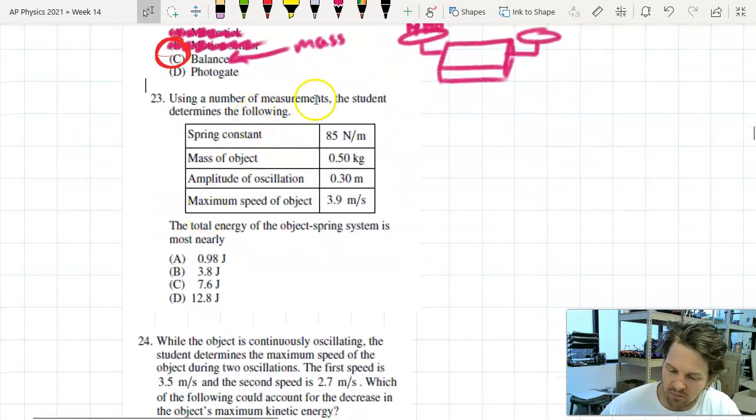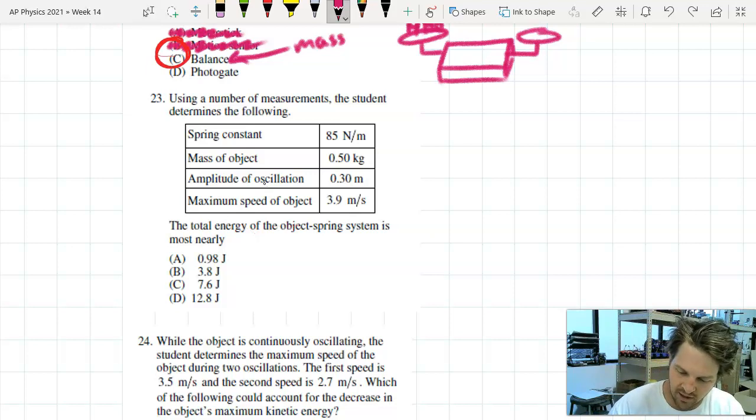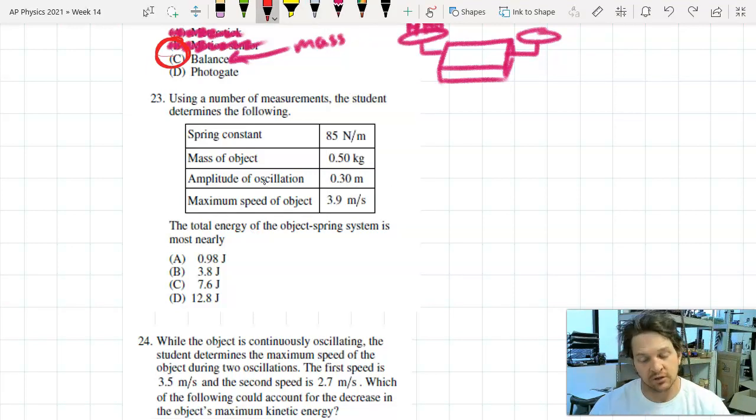23. Using a number of measurements, the student determines the following. We get this table of values. What is the total energy of the system? Okay, so I have spring constant. That immediately makes me think use potential spring energy.